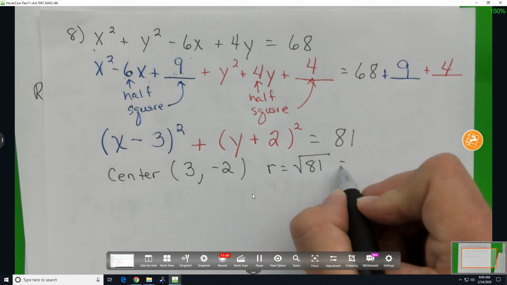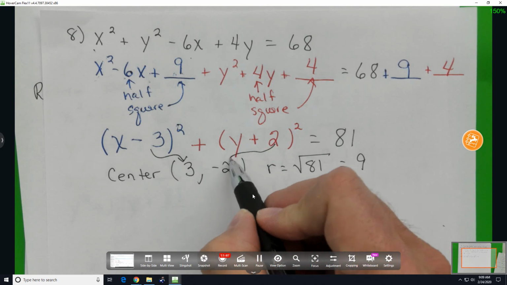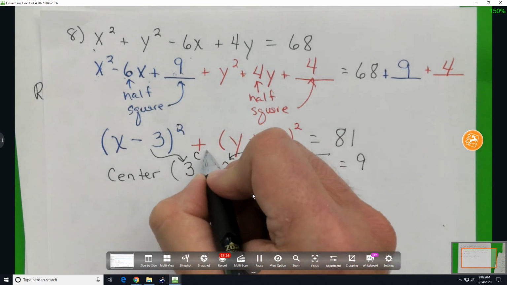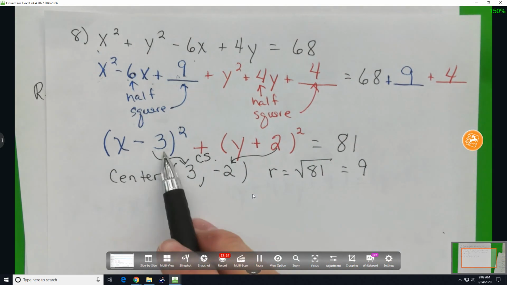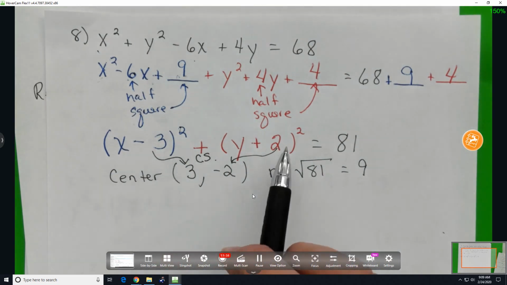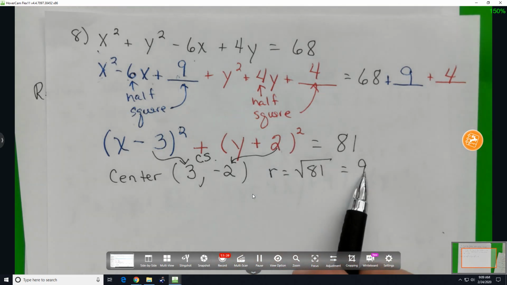A 9. So change the sign. That CS stands for change the sign.